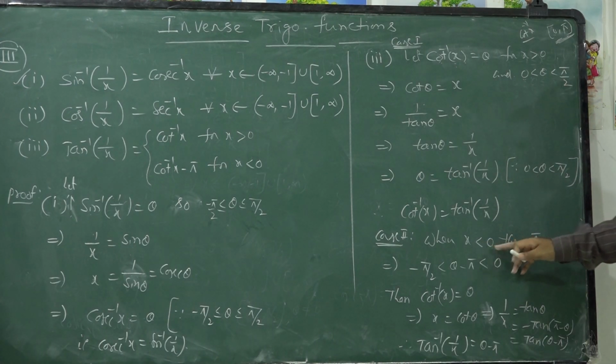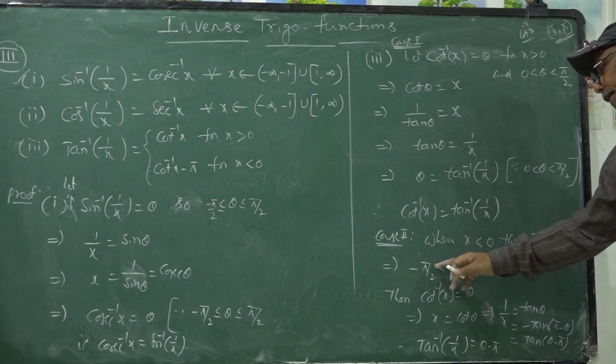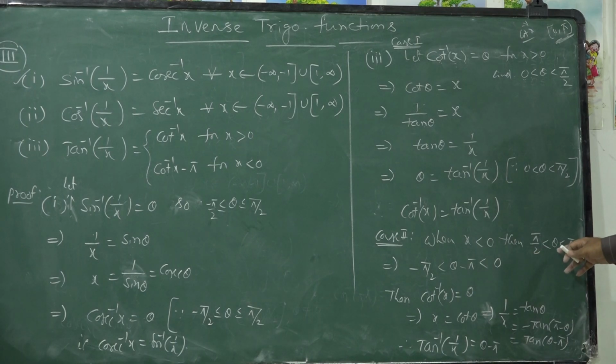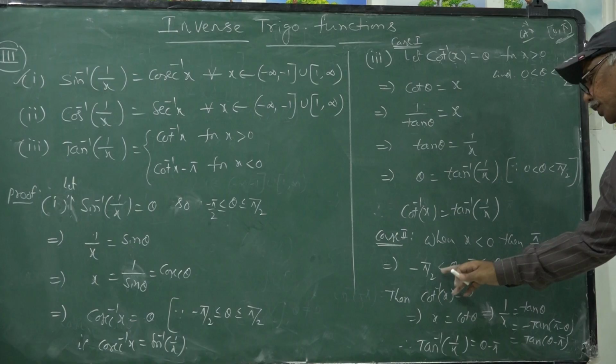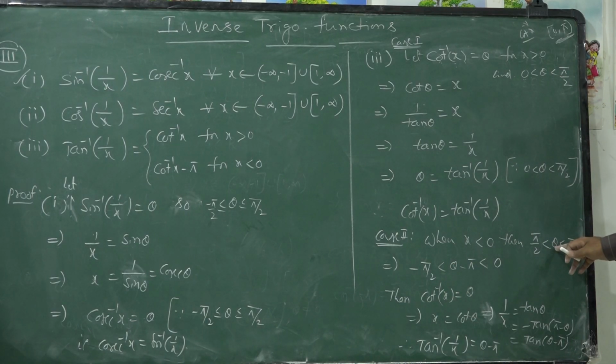So, once x is negative, theta lies between pi by 2 and pi. Once theta lies between pi by 2 and pi, minus theta lies between minus pi and minus pi by 2. Subtracting pi from this inequality, we get minus pi by 2 is less than theta minus pi is less than 0.